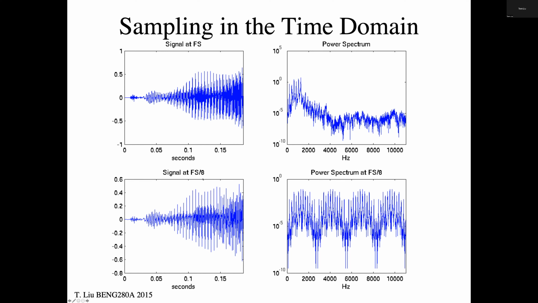That means we basically skip 7 samples, take one of them, skip 7 samples, take one of them, compared to this one.